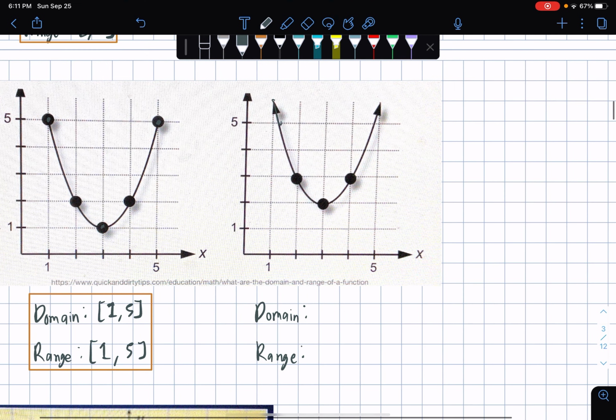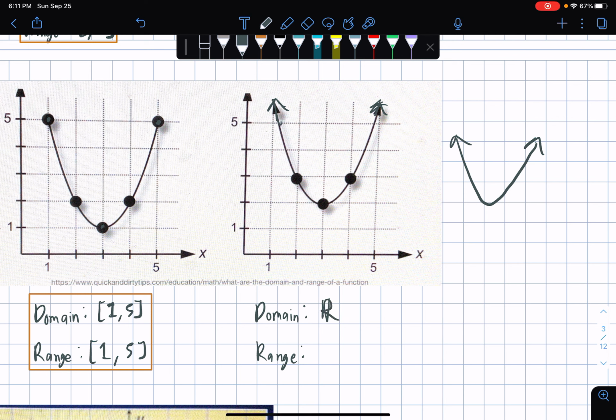Next, this time we have arrowheads. So in this particular sense, whenever a parabola is written like this, obviously the domain is already the set of all real numbers, or aka negative infinity, positive infinity.